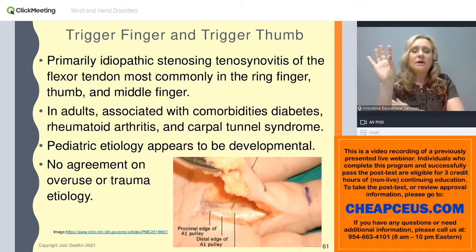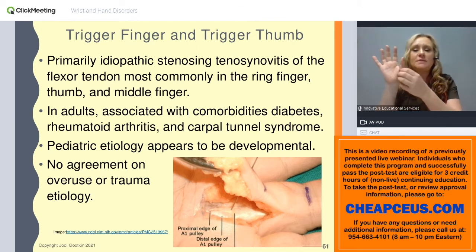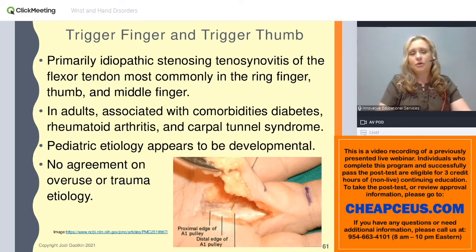The pediatric etiology, they think, is a mismatch between the thickness of the tendon and the sheath and the pulley that it has to go through. There's really no specific agreement in adults as to what causes this pathology.